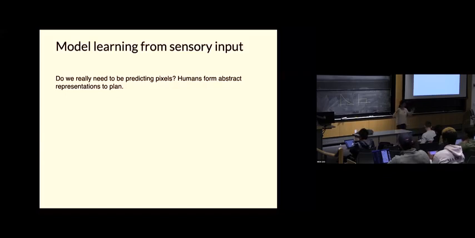When you have a pixel image, you do not know the task, so you don't know how to assign different weights to different parts of the image. Oh, this is the bullet and it's important. Oh, this is the sky and it's really not important. You put the same loss on every pixel. So essentially you have a loss that has nothing to do with what you're trying to do, which is to do better in Atari games, to learn to play Atari games.